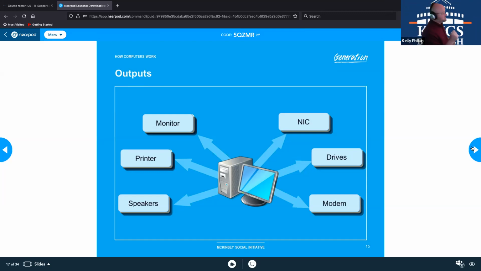Now, here's a caveat, and I want you to please write this down. We'll mention it again when we talk about display devices. The monitor, when you think of it as an input or output device, if they say monitor, it is just a plain old monitor. Do not assume it is a touch screen unless they specifically state that, because a touch screen would be both, right?